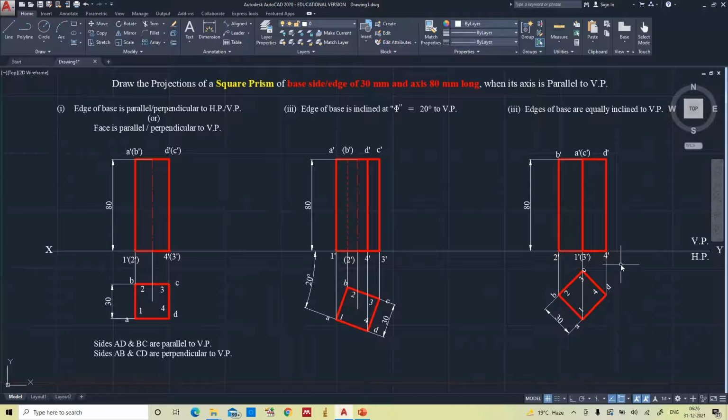So this is all about the orthographic projections of a square prism when its axis is parallel to vertical plane along with the conditions for the edges of the base.